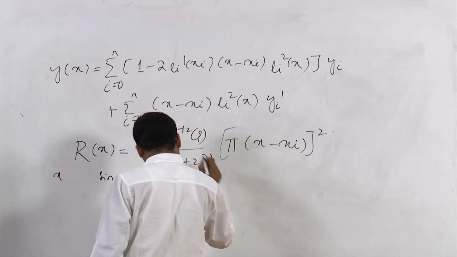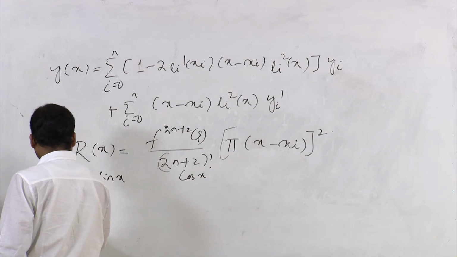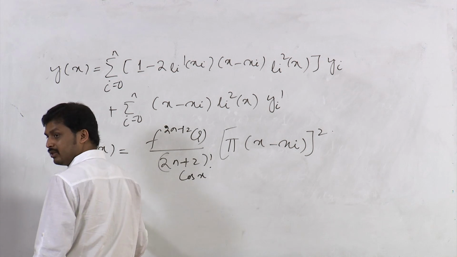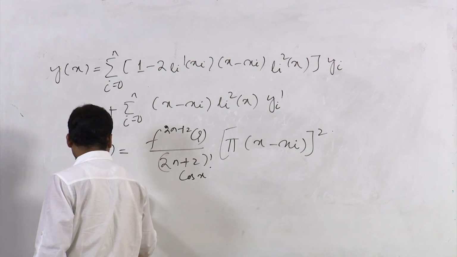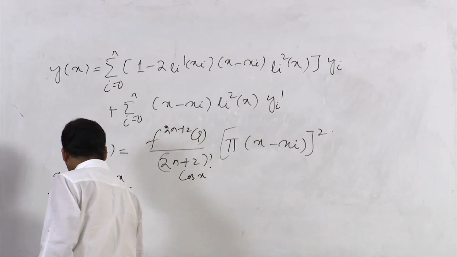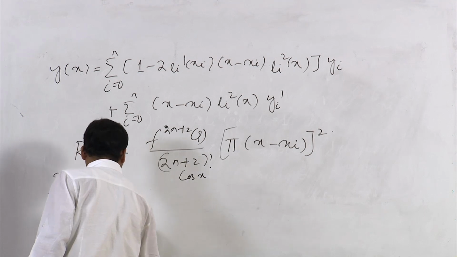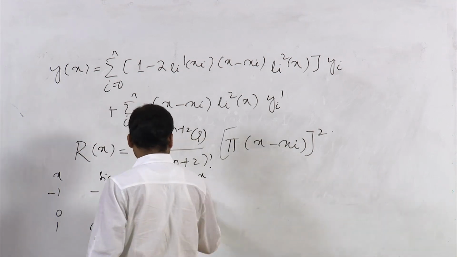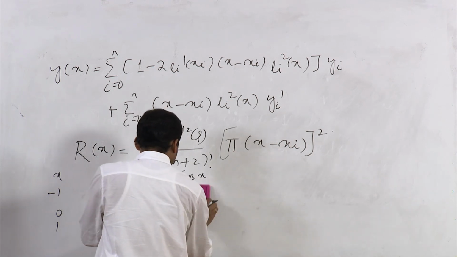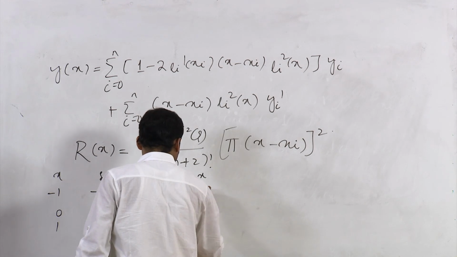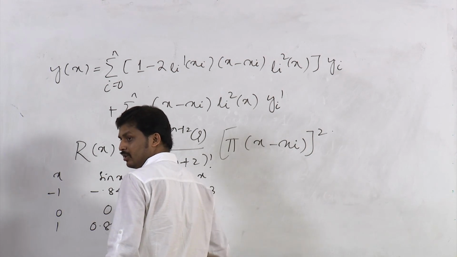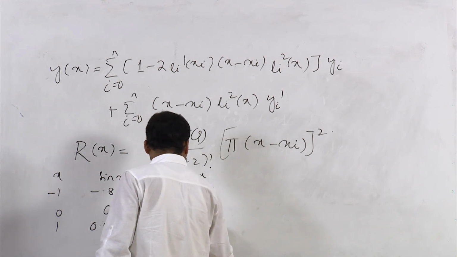The x values are minus 1, 0, 1, and the sin values are minus 0.8415, 0, and 0.8415. Similarly, the cos values are 0.5403, cos 0 is 1, then 0.5403 again.